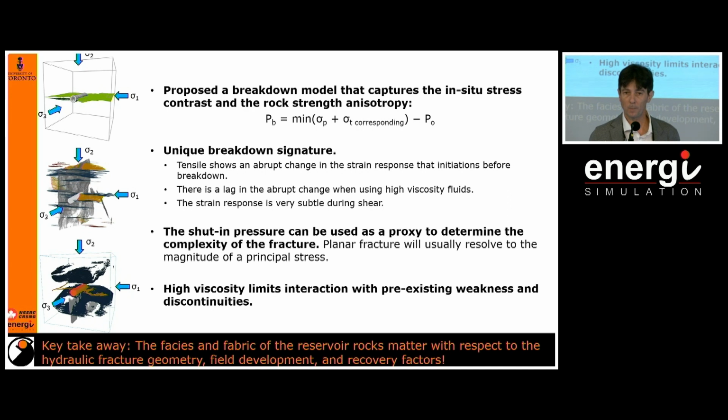Overall, all these laboratory tests brought us to a few important considerations. One is that the strength of the material and the transversely anisotropic character of our material is very important. And there are a few other points that I'm not going to touch, but they are there if you're interested.